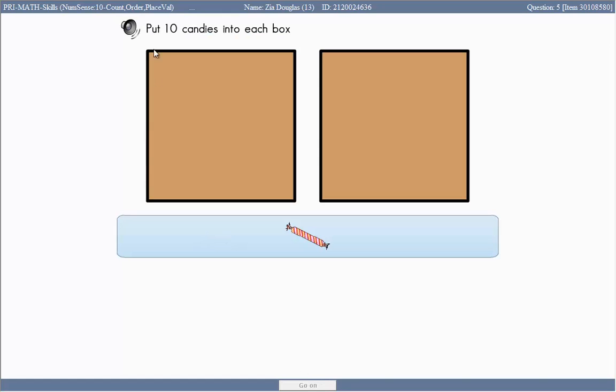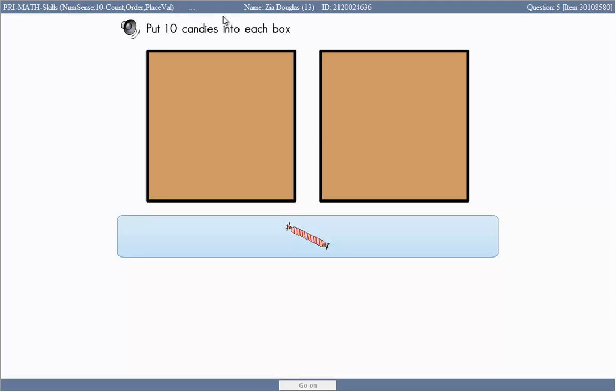Put 10 candies into each box. These tests can get a little tricky, and sometimes you think your kid might know the concept, but if they do not listen closely to the directions, then they can easily get it wrong. Because this one wants them to put 10 candies into each box. So if they only put it in one box, then they're going to get it wrong.